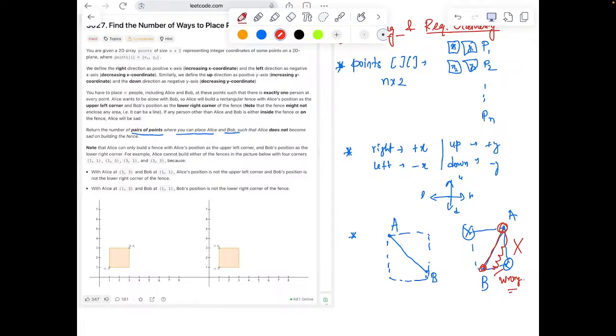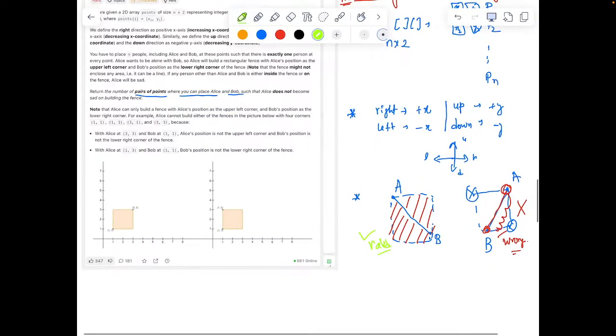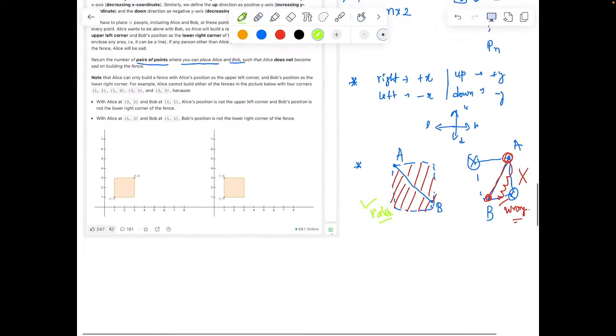And now here there has to be isolation. Then only it will be a valid one. If there are more people inside this boundary or at the boundary, it will not allow them, so Alice will not feel good, so these pairs of points will not be the ideal ones. Okay, that's it. That's the problem.